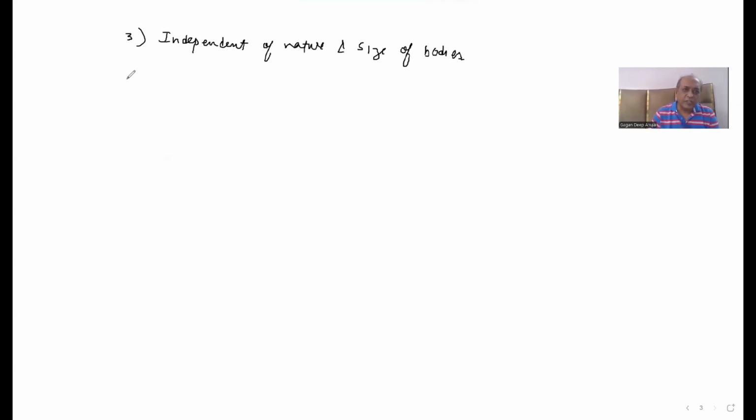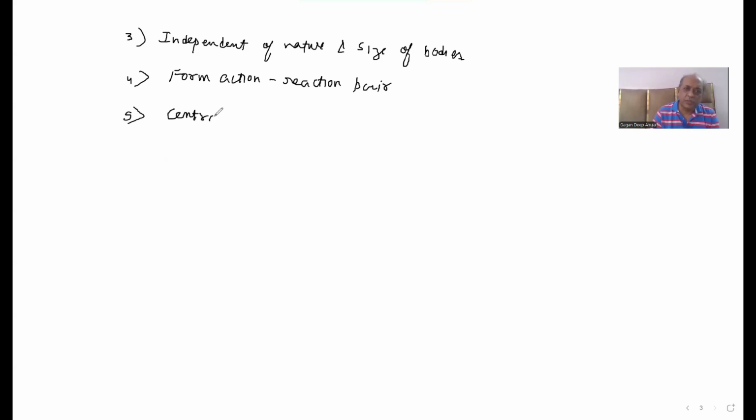Then these gravitational forces also obey Newton's third law of motion, so they form action-reaction pairs. The fifth characteristic is that the gravitational forces are central forces.